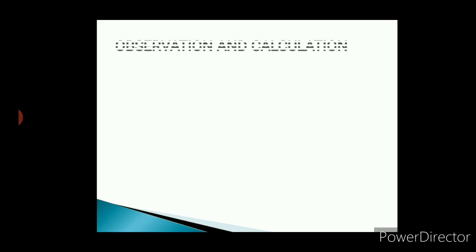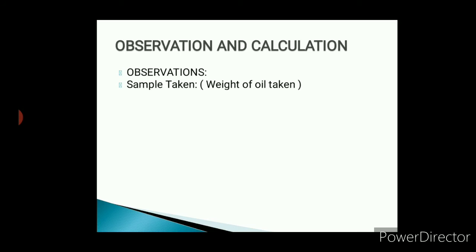Now let us understand the observations and calculation, how exactly to calculate the percentage of acid value. You can express the acid value in milligrams or you can express it in percentage. So, observations: sample taken, weight of oil taken. Here I have analyzed 2 different samples.